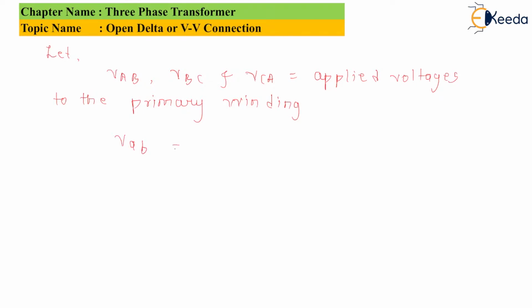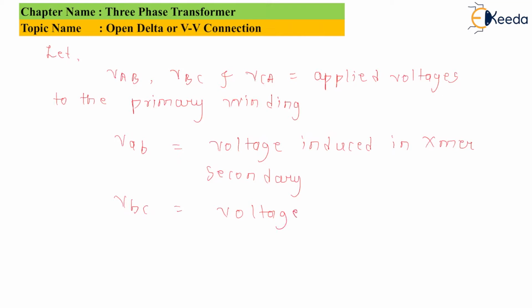So vab will be the voltage induced in the secondary winding. Similarly, vbc be the voltage induced in the second winding of the secondary.